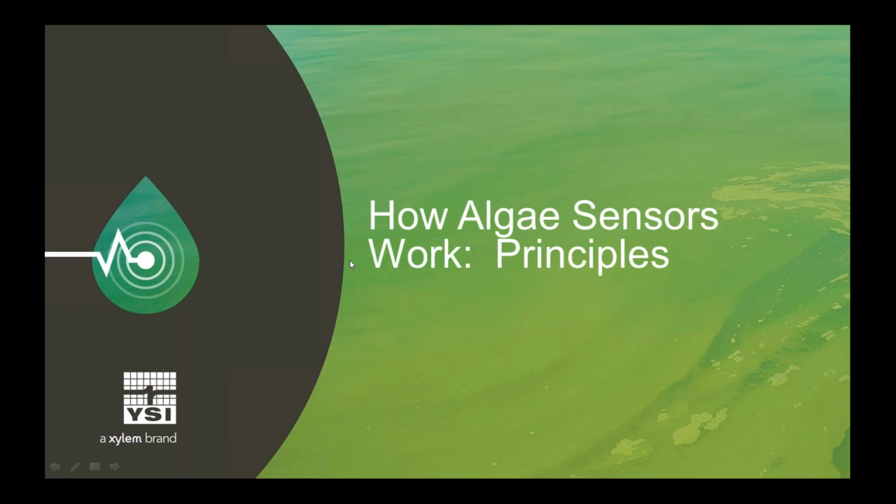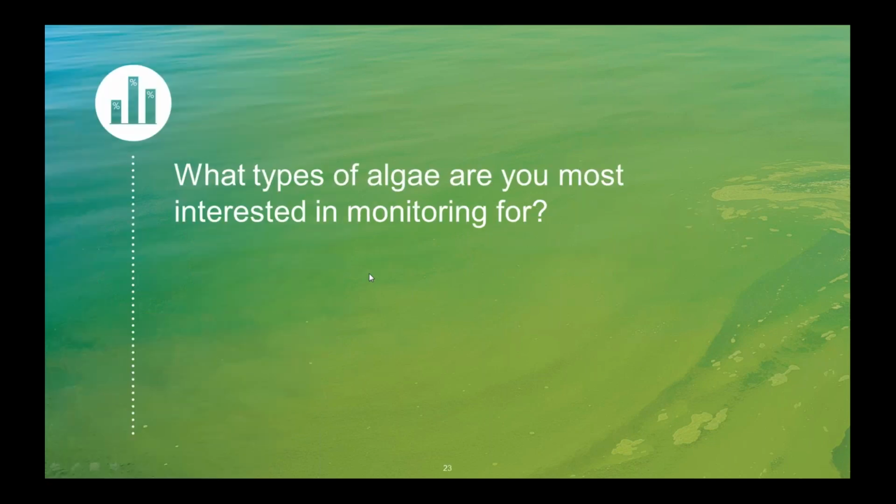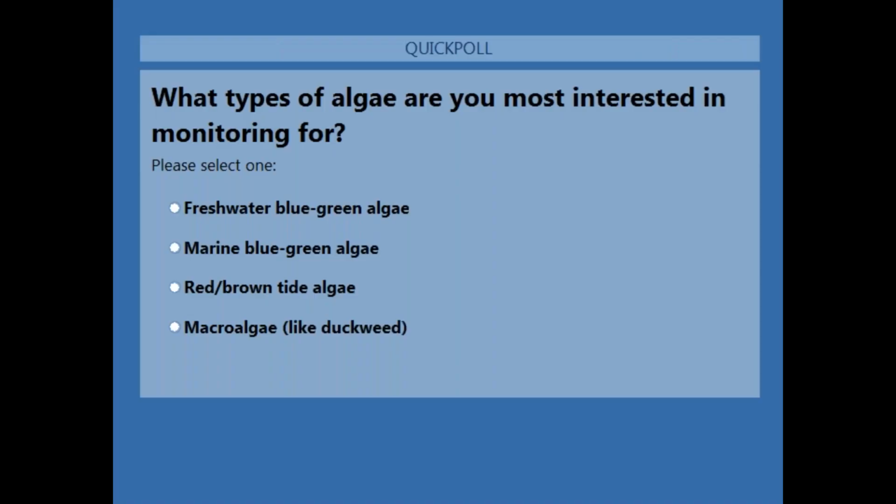Michael, let's find out a little bit more from the audience about why they are most interested in monitoring for algae. Great, Stephanie. I've just launched the poll. The question is, what types of algae are you most interested in monitoring for? So to our audience, we invite you to answer.